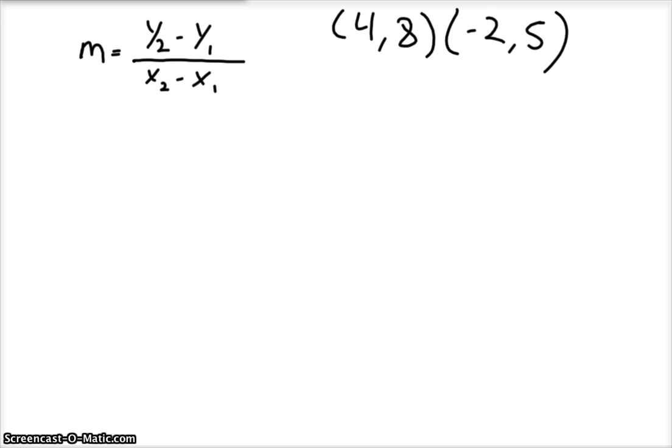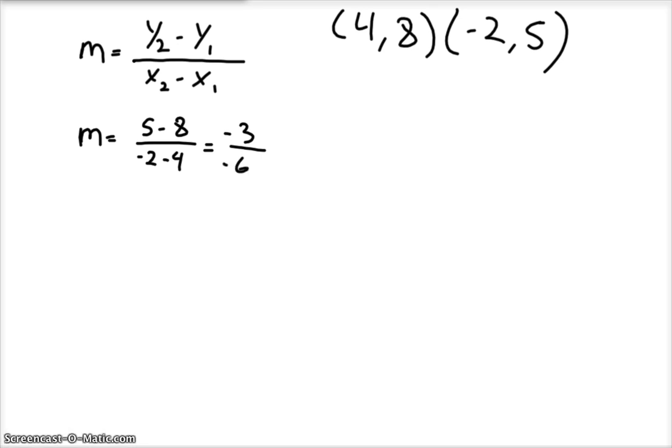Let's go to work. First, let's find the slope. So m equals 5 minus 8 over -2 minus 4. 5 minus 8 is -3, and then we have -2 minus 4, so that would be -6.